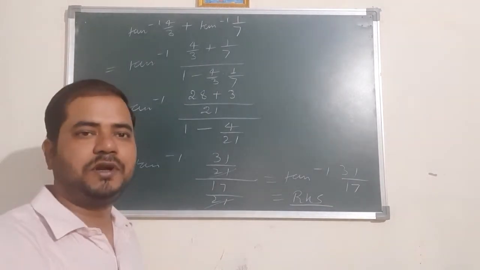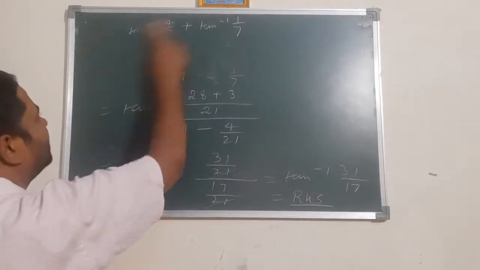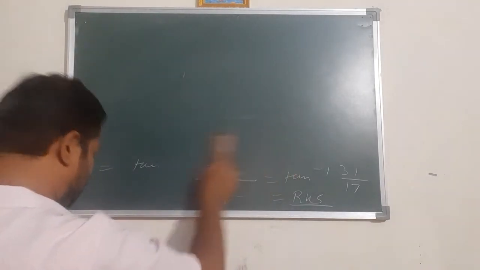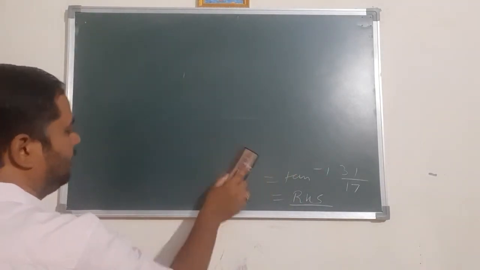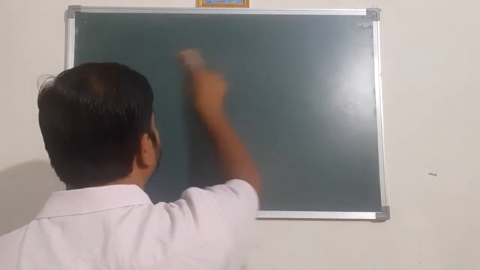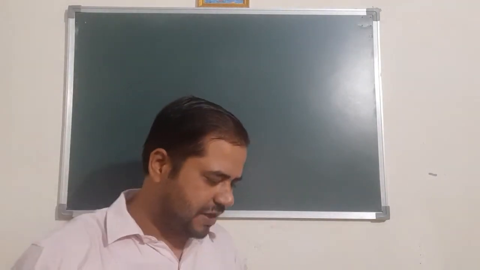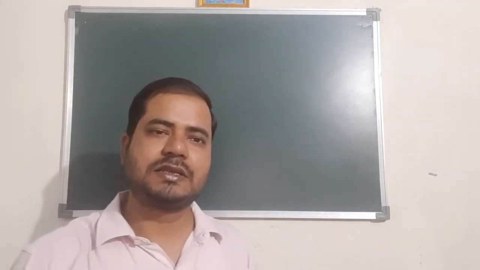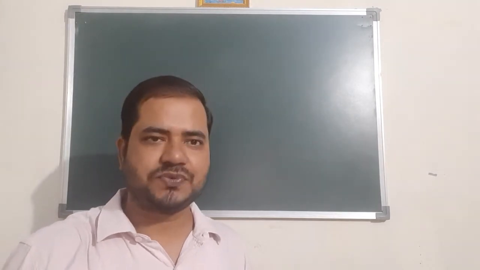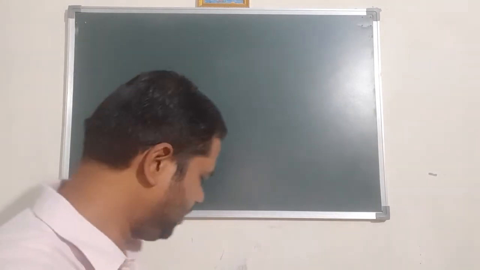Okay, you may have completed this one also, and now start from the fifth question. In the fifth question, first you read out the instruction. In the instruction it is given: write the following functions in the simplest form. This is the most important question.